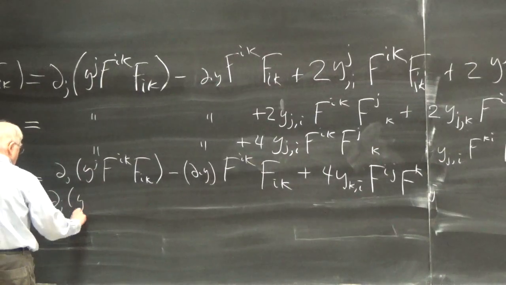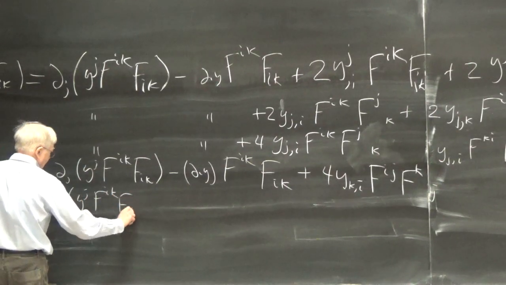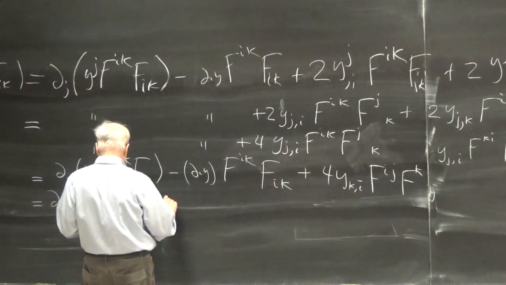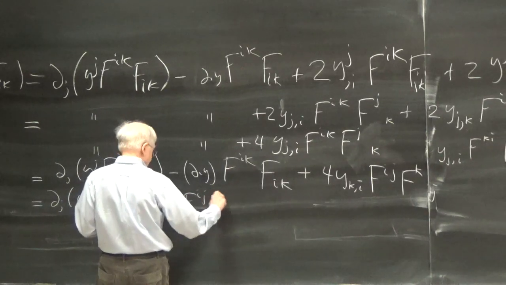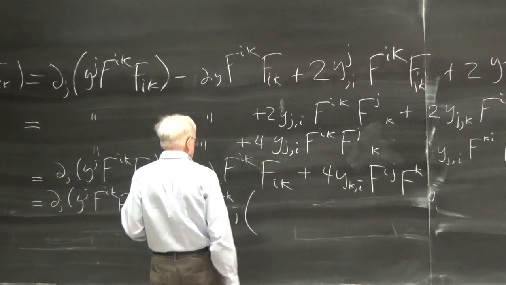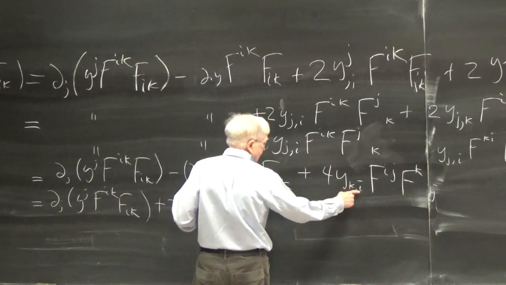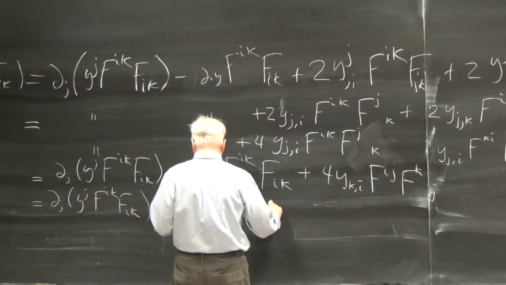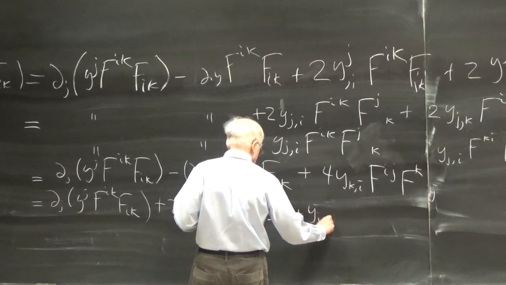partial_j y_j f_{ik} plus 2 f_{ij} f_{kj}. And now what we do here is we split this up into two terms, and we call this y_{k,i} plus y_{i,k}.